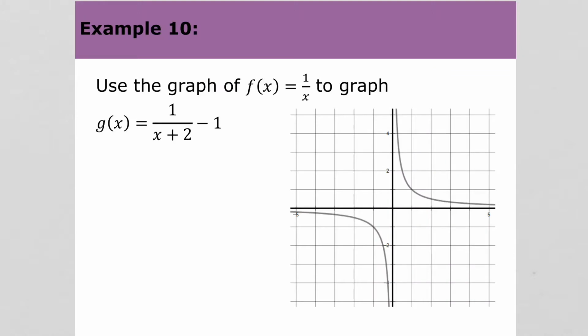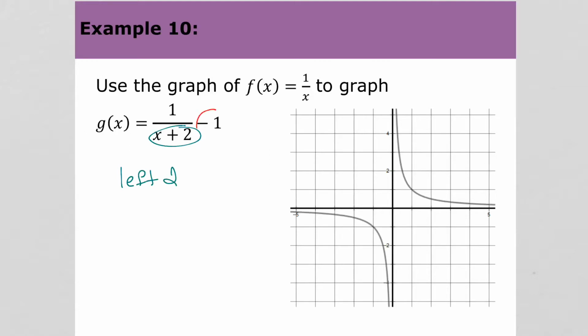So use the graph of 1 over x to graph 1 over x plus 2 minus 1. Okay? So, first of all, the x plus 2 is telling us that we're moving left 2.